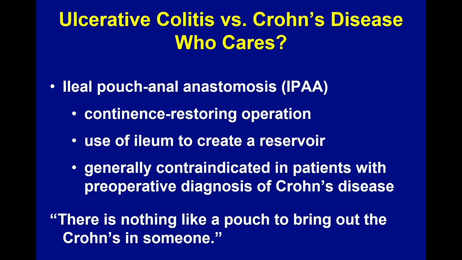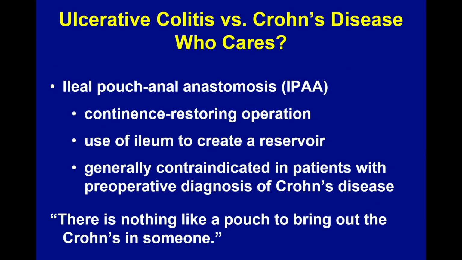So a continence restoring operation using the ileum to create a reservoir, and this is a general statement. It is generally not the ideal surgery in a patient with known Crohn's disease. Now, that's not an entirely true statement, in that if you purposefully or accidentally put in a pouch in a patient with Crohn's, a lot of those patients do just fine. But statistically speaking, a patient with Crohn's is more likely to have issues with a pouch than a patient with ulcerative colitis.